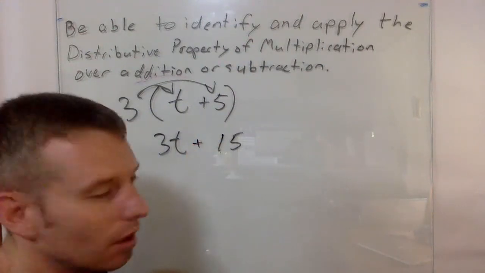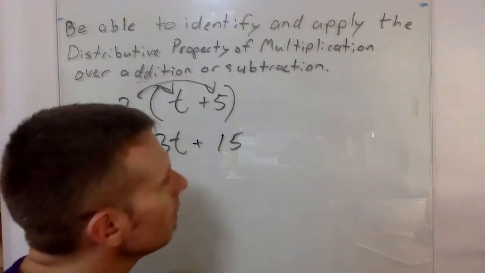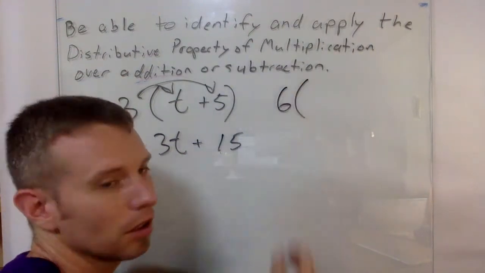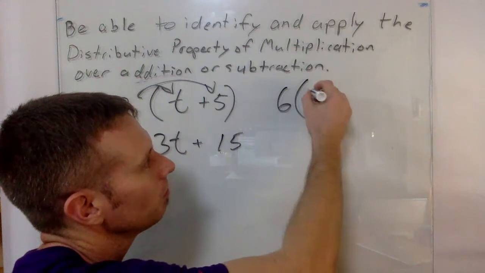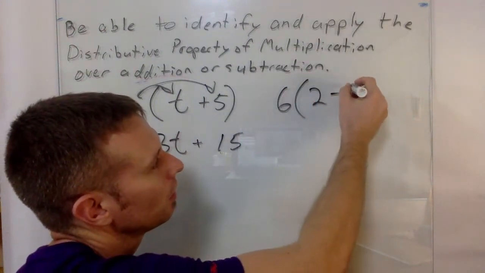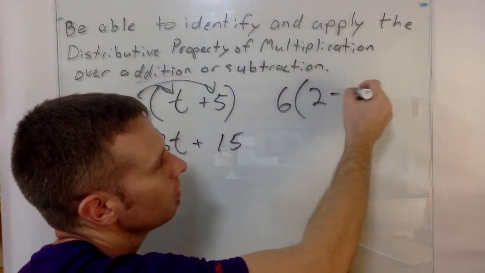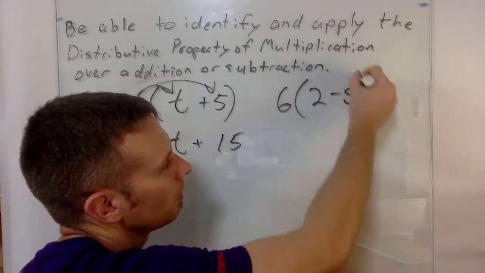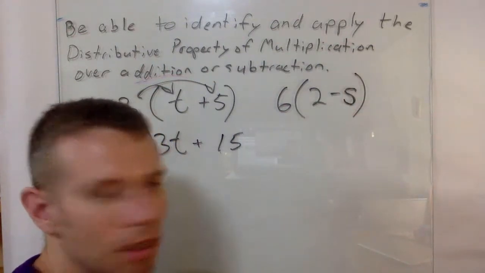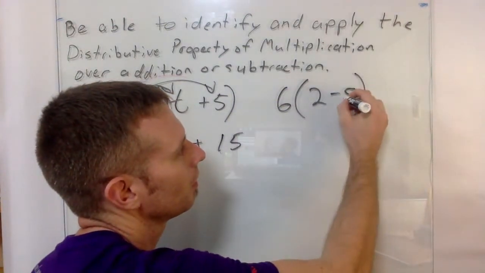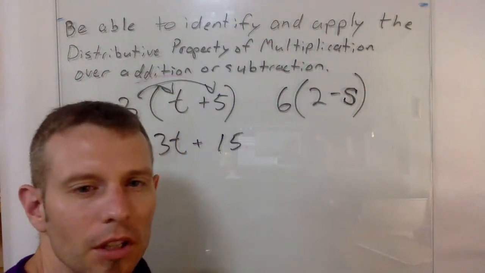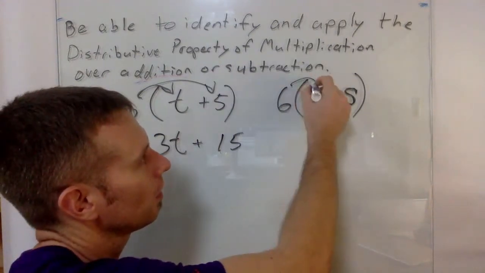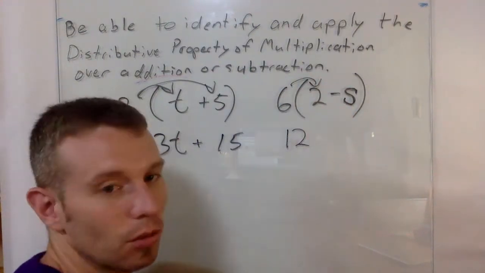Now let's do a few with the negative here maybe. What if we had 6 times 2 minus s. Got to be very clear to make that s not look like a 5. There we go. Okay, so 6 times 2 is going to be 12.